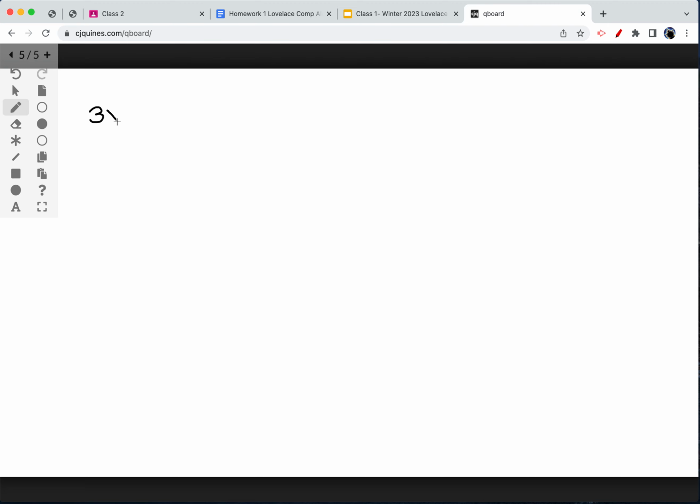So we had 3x over 5 minus 11 over 40x. So basically the first thing we'd do is find the LCM of 5 and 40x.